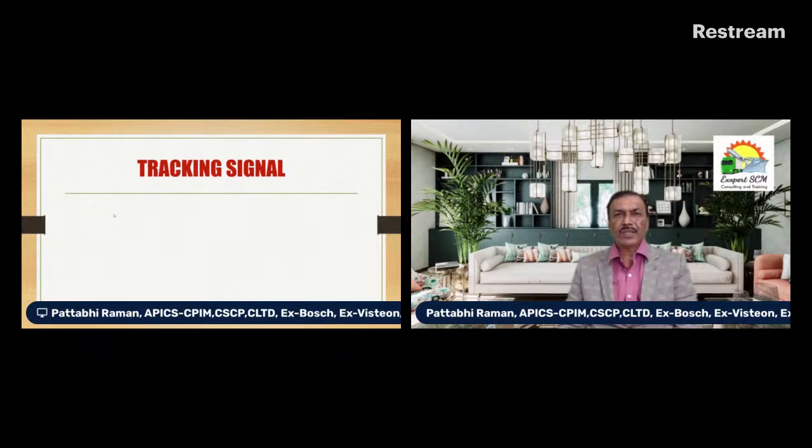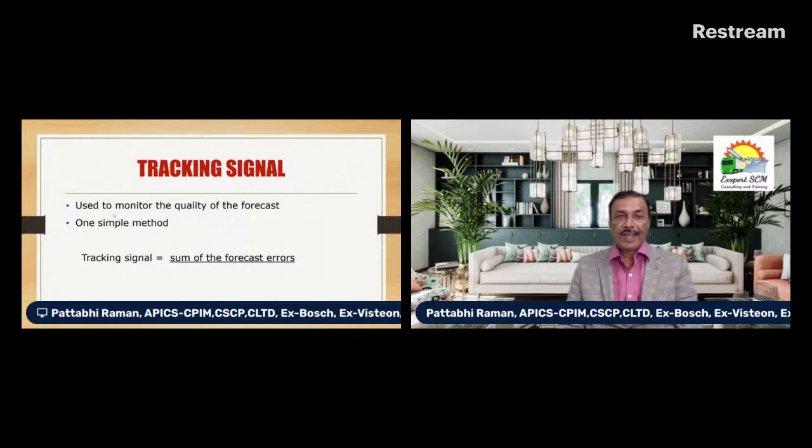Normally, bias. Okay, we cannot term this as bias. It could be the summation of error divided by MAD. Let us see the formula. Sum of the forecast error. If you want to call that bias, you can call it, but I will not call it unless you know it is consistently on one side. So the formula for tracking signal is the sum of forecast error divided by MAD.